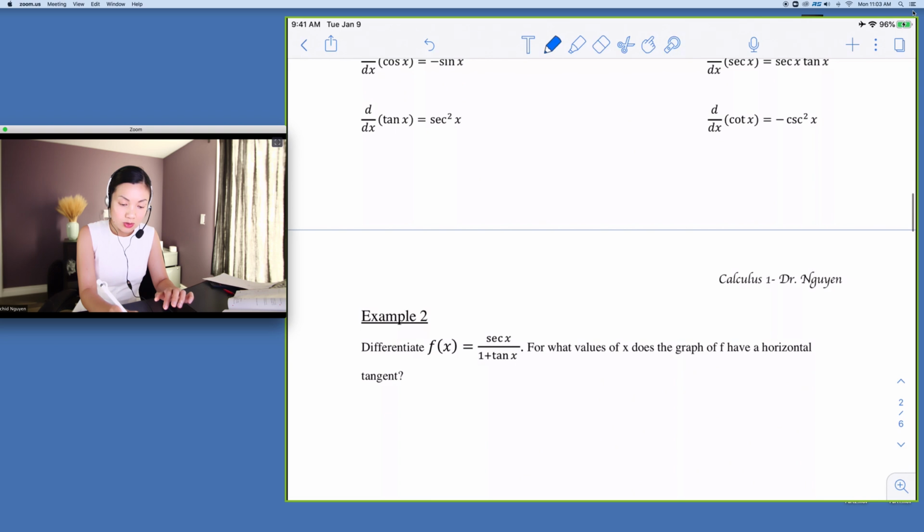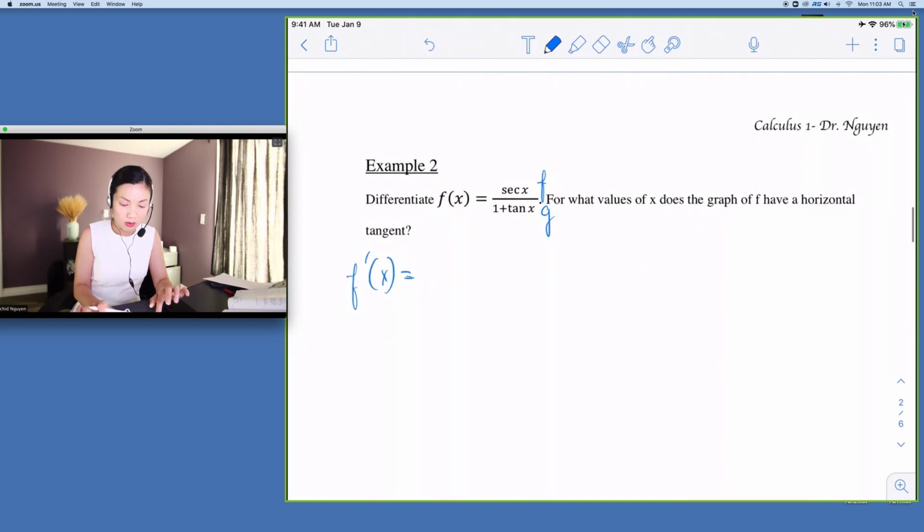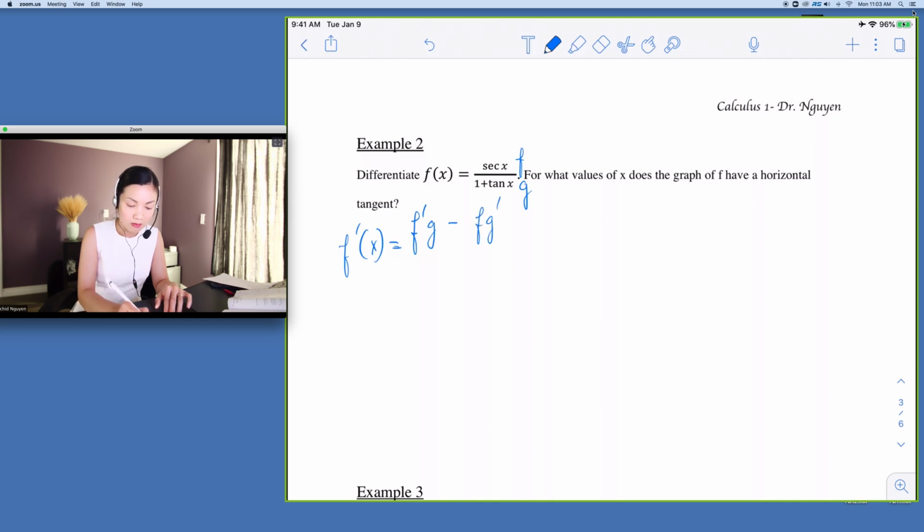Okay, so example 2. You can see that we have a quotient rule, so I have to apply the quotient rule. I'm just going to label this f and this g. All right, so for the derivative, hopefully you still remember, we have f prime times g minus f times g prime over g squared.